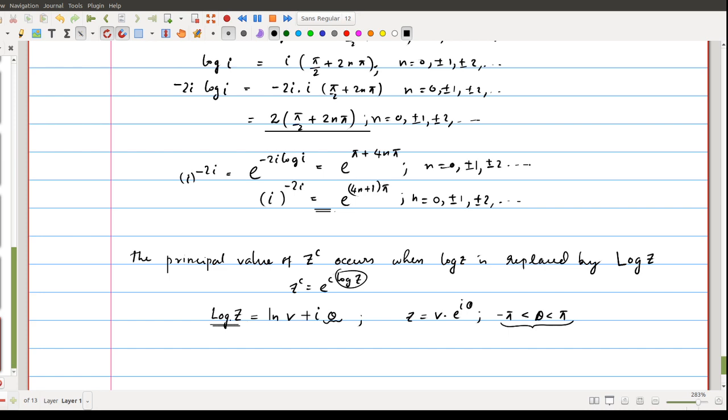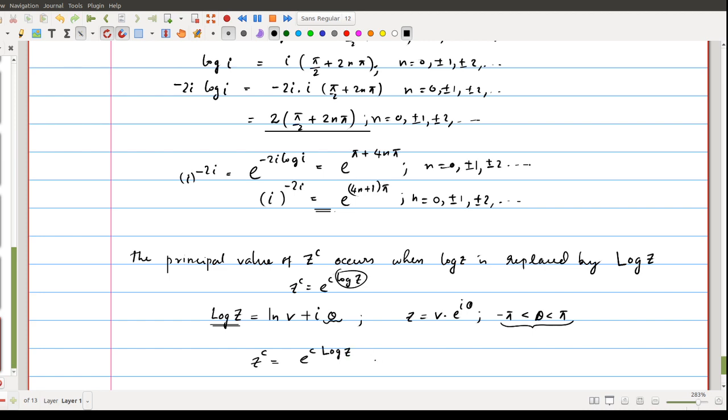The logarithm log z has infinitely many values. Once you write this capital L for log z, that represents only one value, which comes from the principal branch, minus pi less than theta less than or equal to pi. If we write such a value instead of log z, then z raised to c will have only one value, e raised to c times Log z.